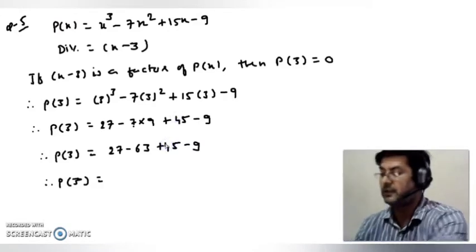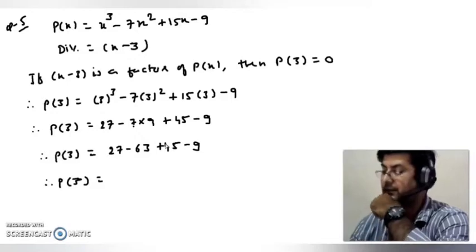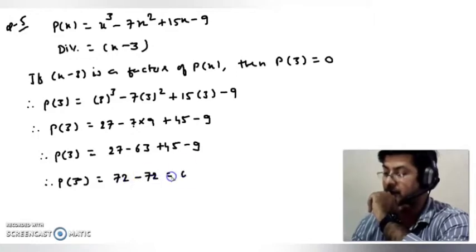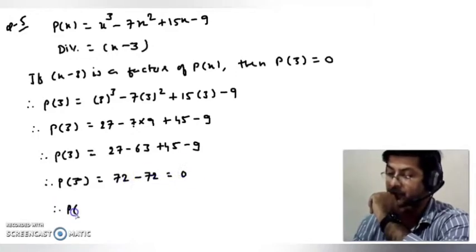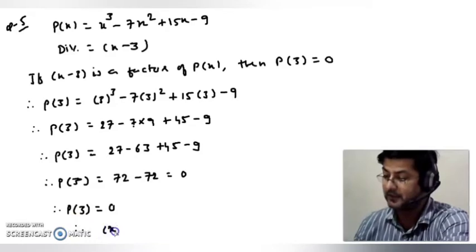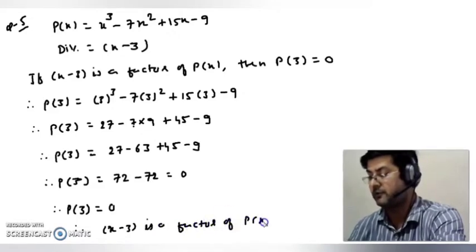Okay, now 27 plus 45 is 72. So 72 minus 72 is equal to 0, and therefore we got the remainder p of 3 to be 0, and therefore we can say that x minus 3 is a factor of p of x.